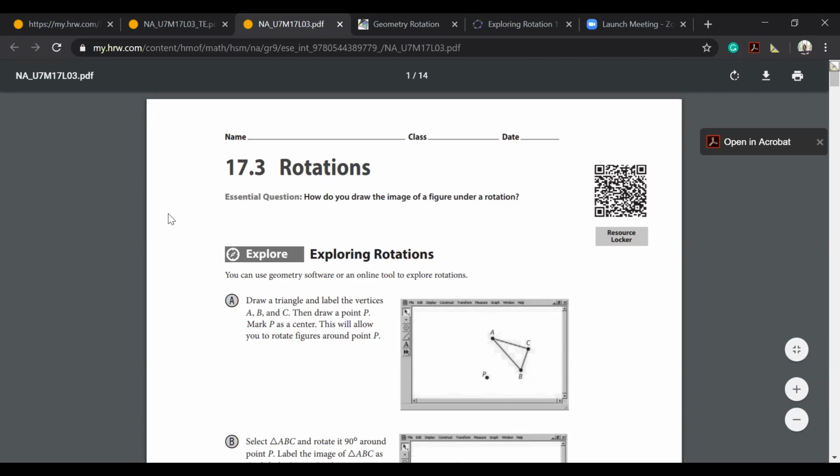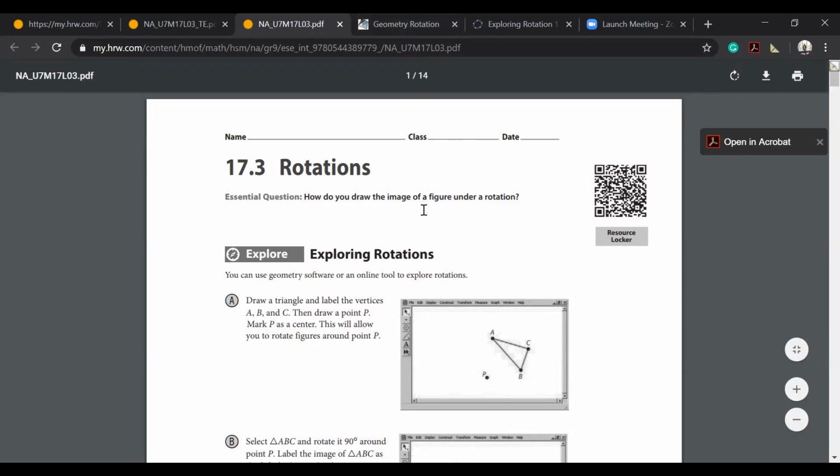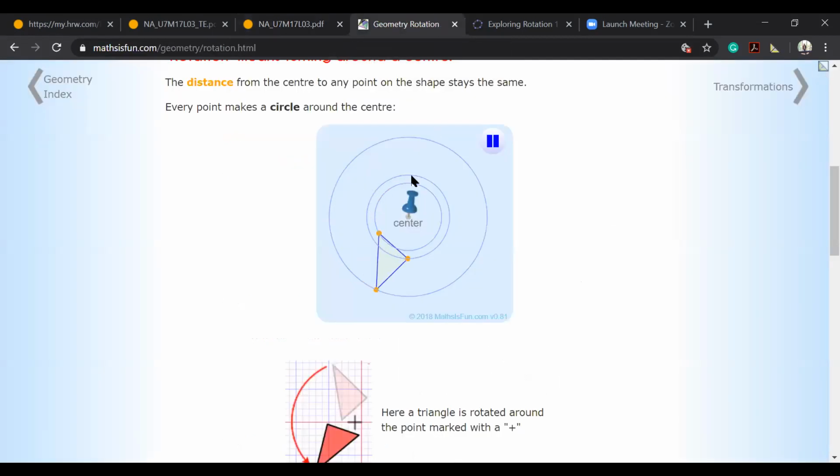We said before that rotation means as if you are looking at your ceiling fan. You remember when we talked about the example of a ceiling fan? In a ceiling fan, you have an object in between, which is the center of rotation. It's a fixed point, and then the ceiling fan itself is rotating in a circular motion around this point, just like this shape, for example.